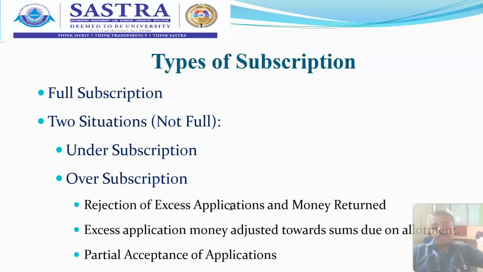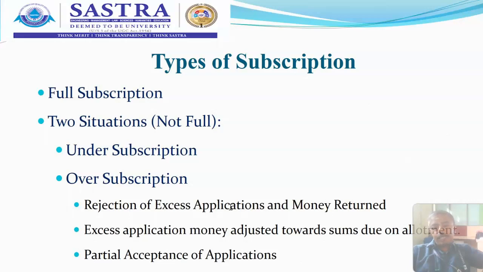The company started to sell only 1 lakh shares, but received applications for 1,20,000 shares. Since it is more than what we have issued, it has been oversubscribed. It is a case of oversubscription.